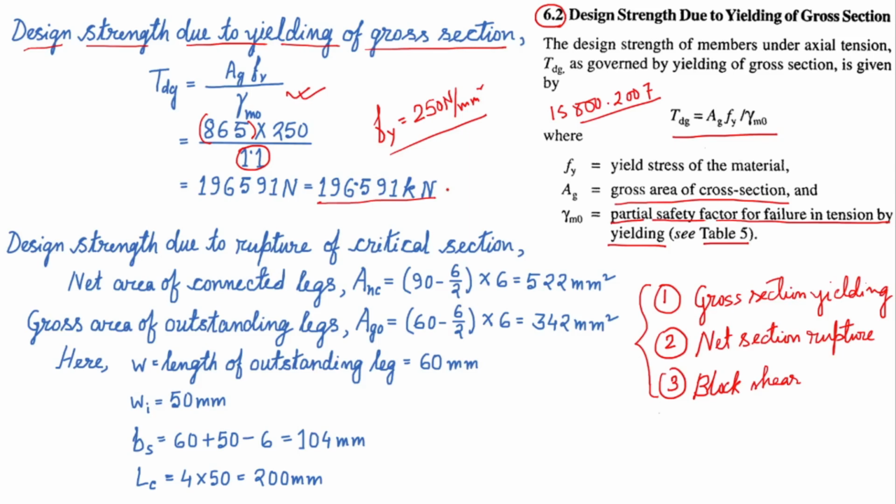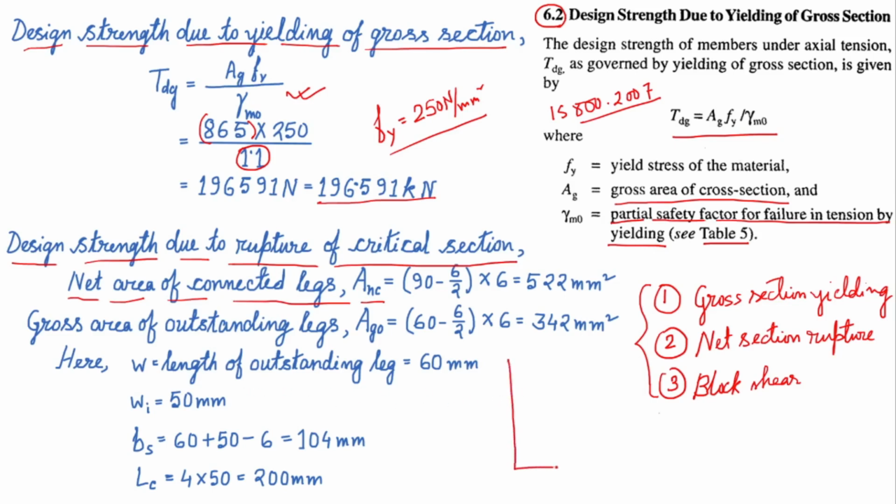And the second case, we have to calculate the design strength of the angle due to rupture of critical section. So this is the second one. Before the calculation of the rupture strength, we have to calculate some values. So let's calculate first the net area of connected legs, which is Anc.